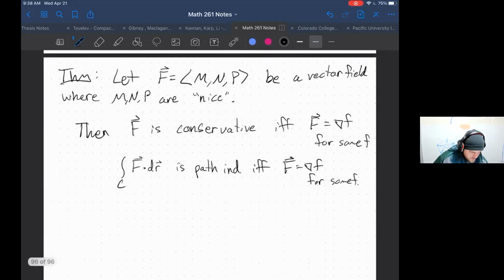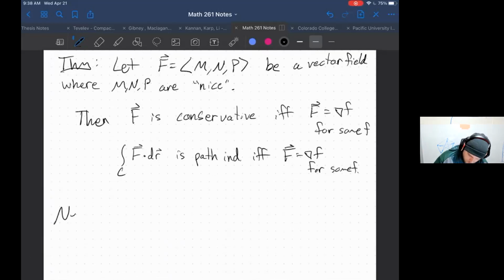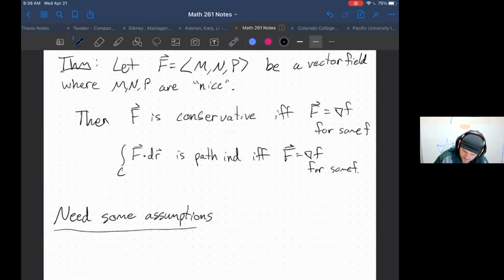So here it is. And we need some assumptions. Sorry if today is a bit dry with definitions and theorems and stuff, but we do need to introduce this theory before we get into some of the examples.